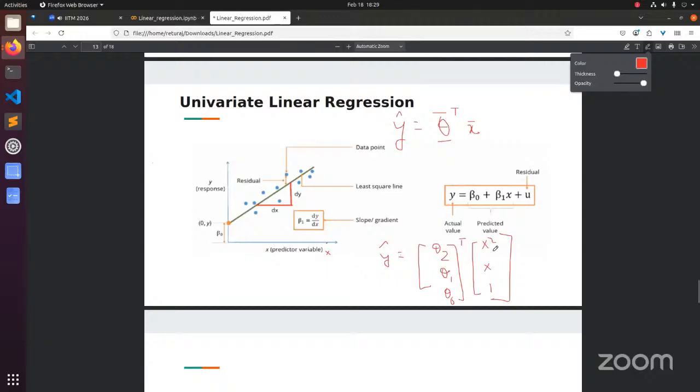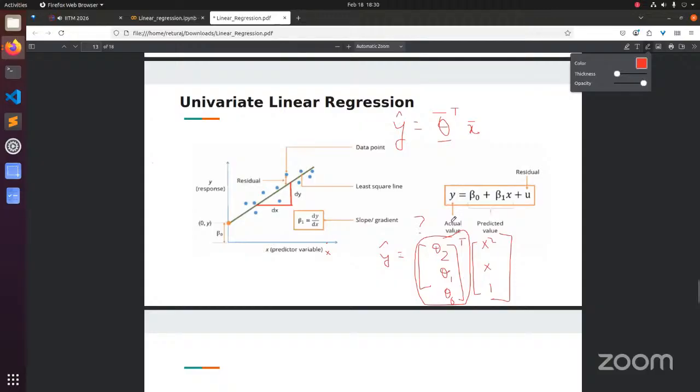If someone gives me x, I will just put x square, x, and 1, do theta transpose times x, and then predict the value of y. So we truly do not know what these theta values are. If someone can tell me these theta values, I can always tell you what the y prediction value will be. Correct? Everyone is with me?